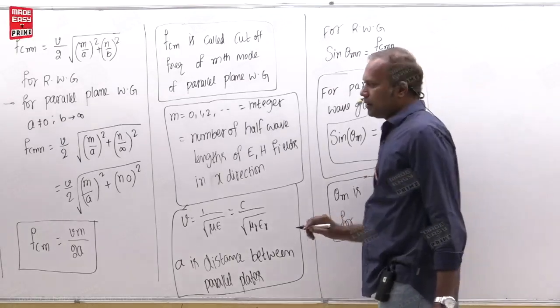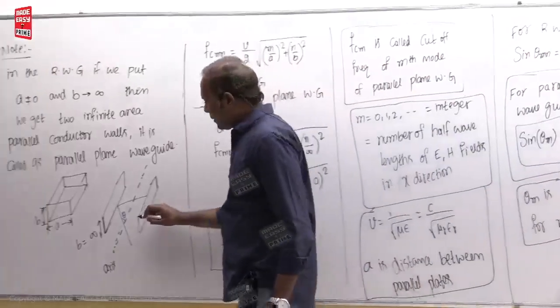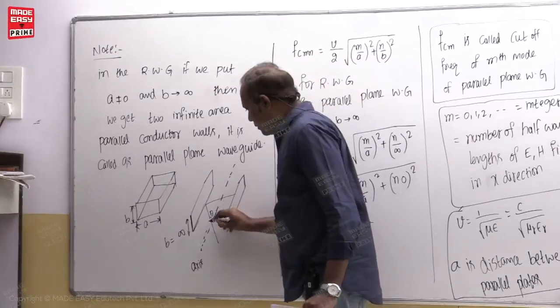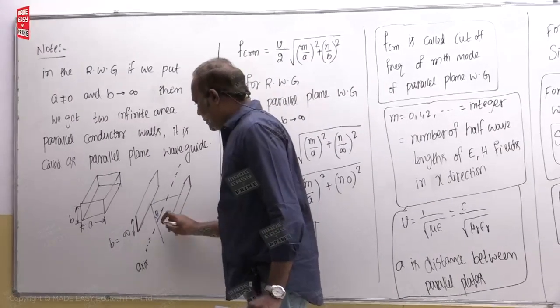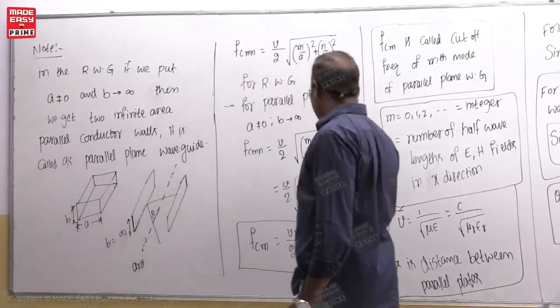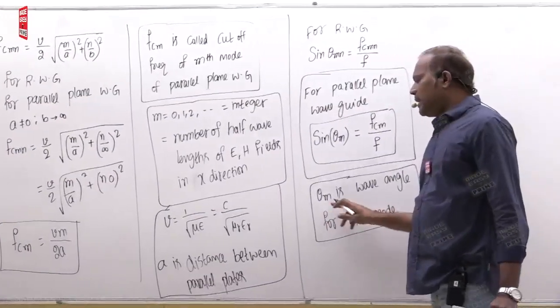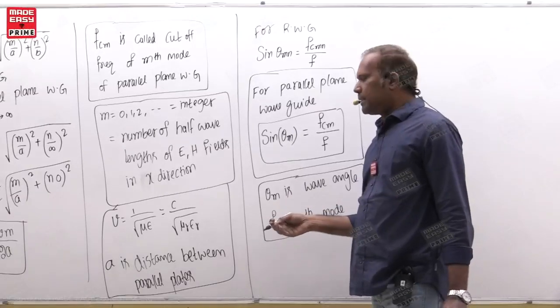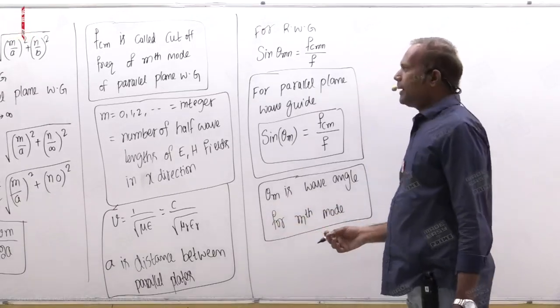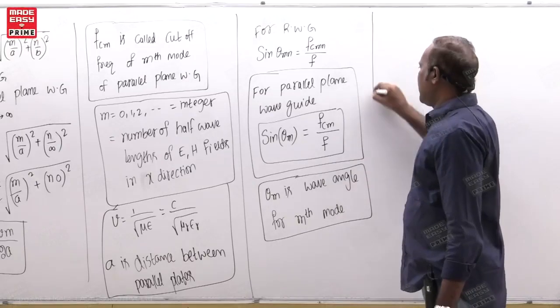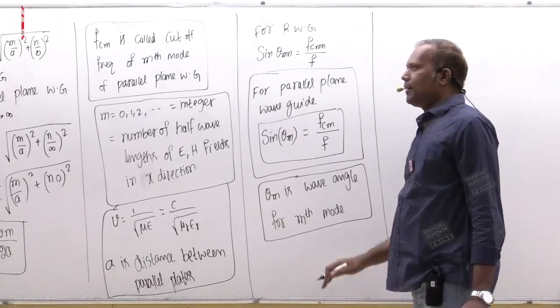Already I was telling you, this theta here, with this one being the waveguide axis, this theta is called the wave angle. m is equal to 1 means first mode, m is equal to 2 means second mode, like that. So this is all about the parallel plane waveguide. This is more than enough.